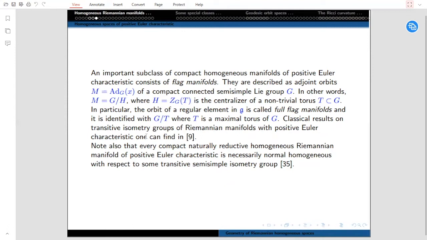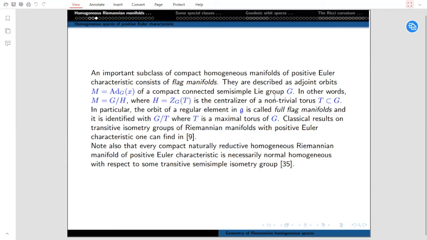An important subclass of compact homogeneous manifolds of positive Euler characteristic consists of flag manifolds. They are described as adjoint orbits of a compact connected semi-simple Lie group G. We fix a point X in M and consider some adjoint orbits.